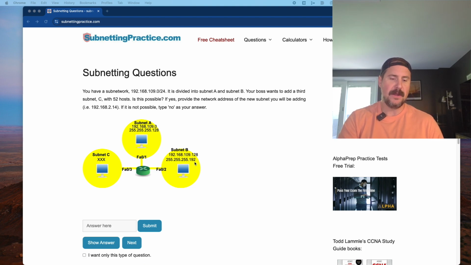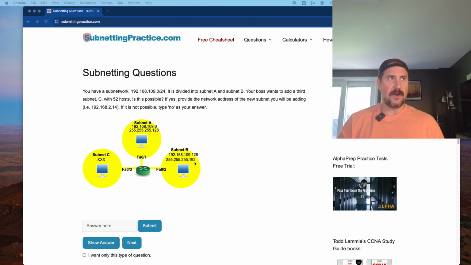So this is going to be up to 191. That's the space of available hosts for that subnet. So 128 plus 64 is 192. So subnet C will start in its fourth octet, I think at 192.